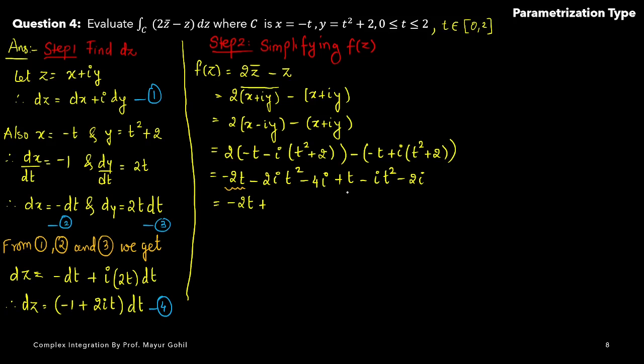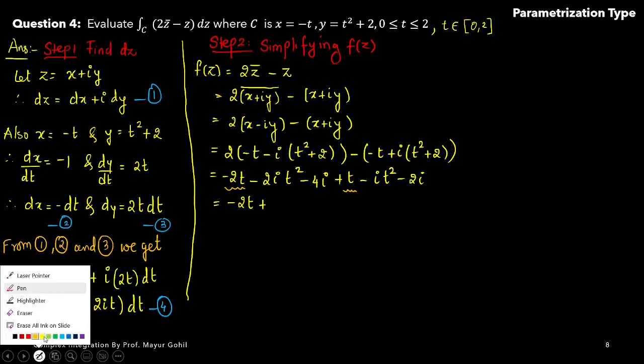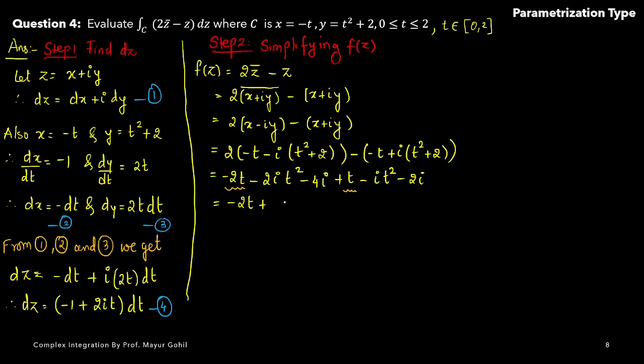Then there is this t with us. So t minus of 2t plus t.